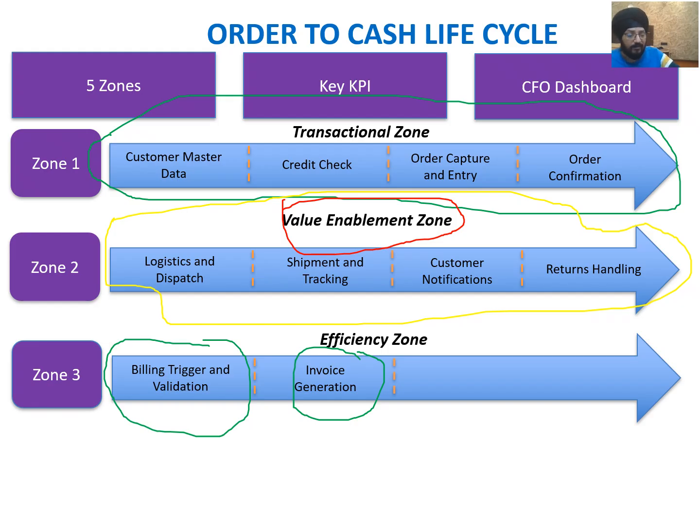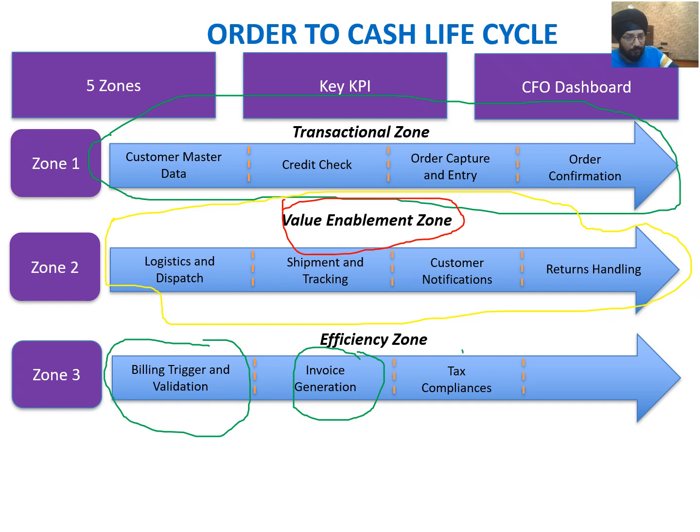The customer acknowledges the invoice once he receives it, and any delay in raising the invoice will delay the entire cash collection cycle, because the cash cycle starts once you raise the invoice, and only then is the AR created in our books.